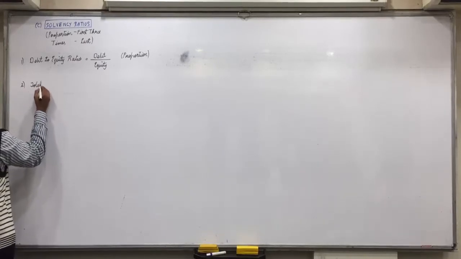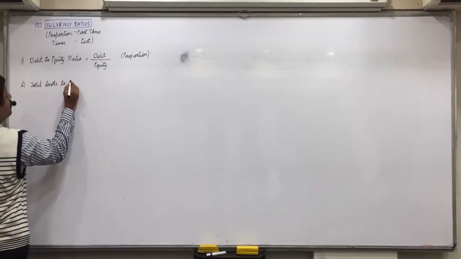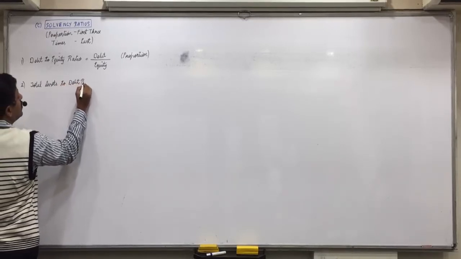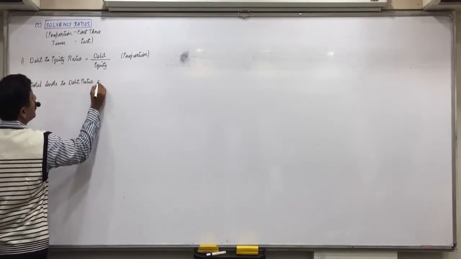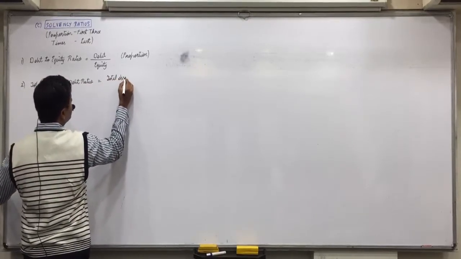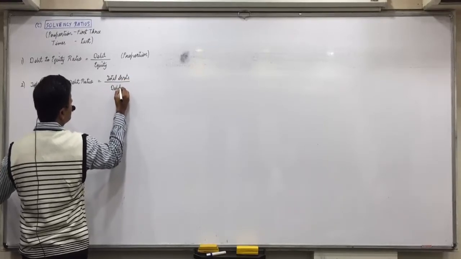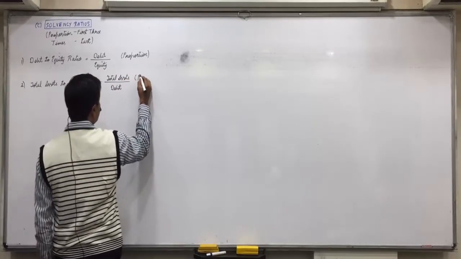Total assets to debt ratio is equal to total assets divided by debt. This is also expressed in proportion.